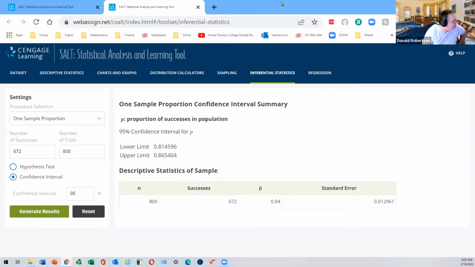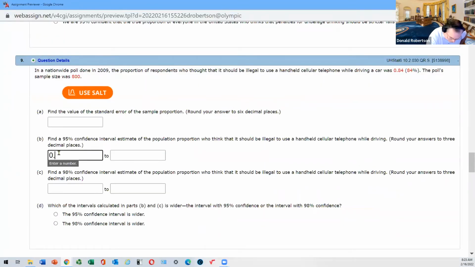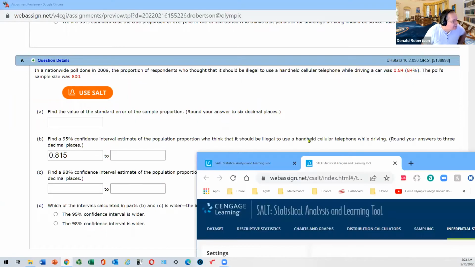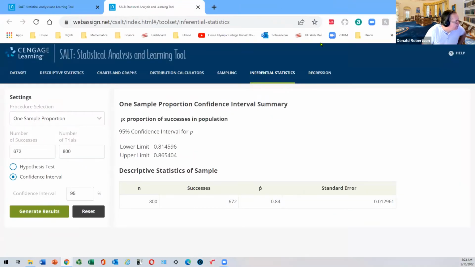Here we go. And what do they want? They want decimals again. And how many? 3 decimal places. So this one is 0.815, and the other one is 0.865.